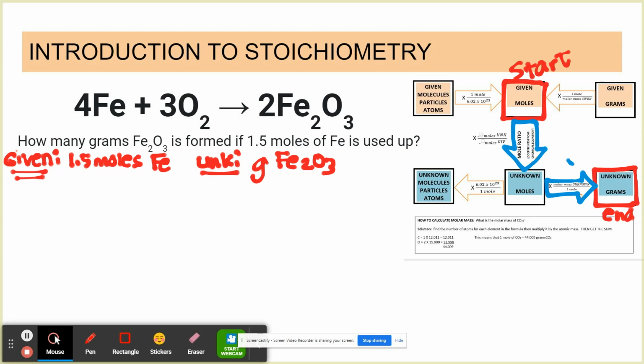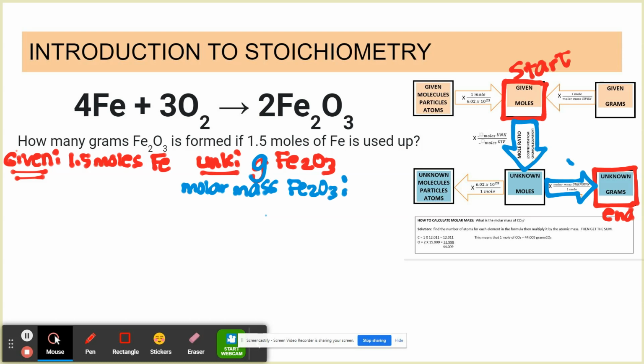But before that, remember what we said last time. If you ever see the word grams in the problem, you have to get the molar mass. The molar mass of whatever formula follows that word grams. So the molar mass of Fe2O3. We can Google this.